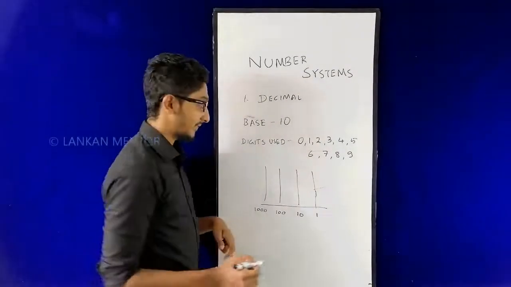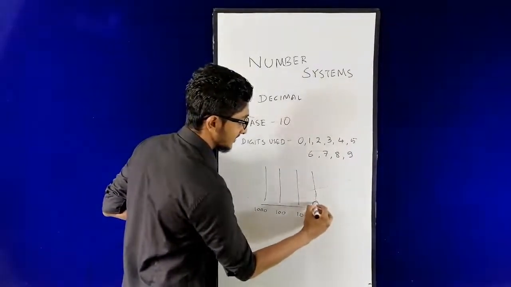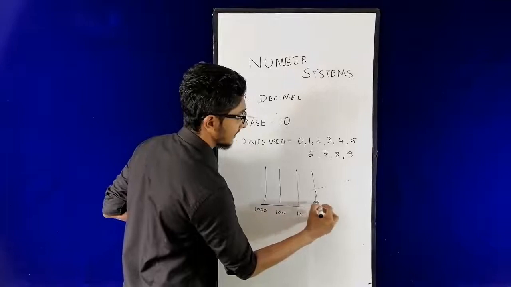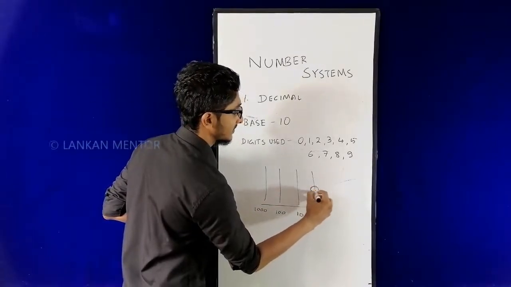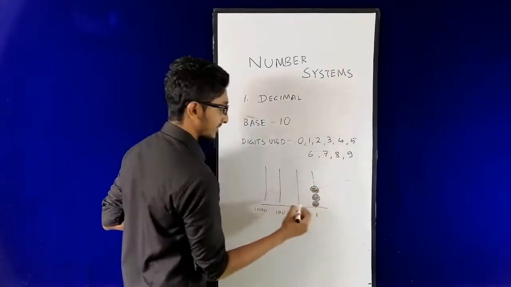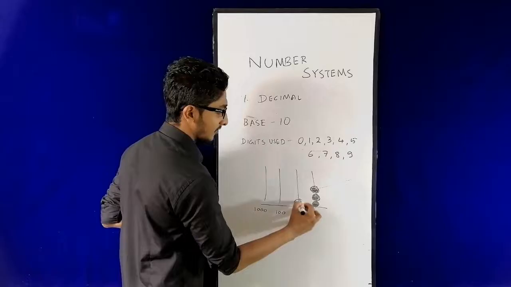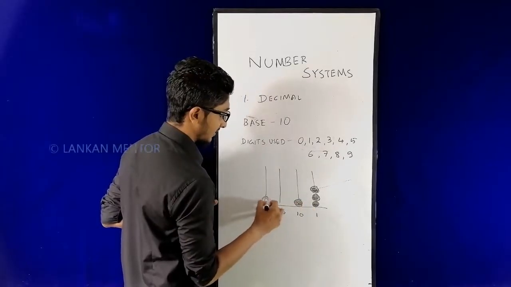I'm marking some numbers: there are 3 pebbles here, and 1 over here, and 1 over here.